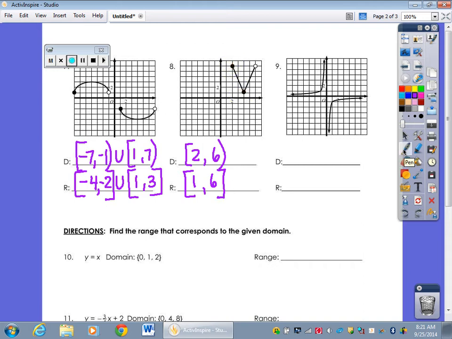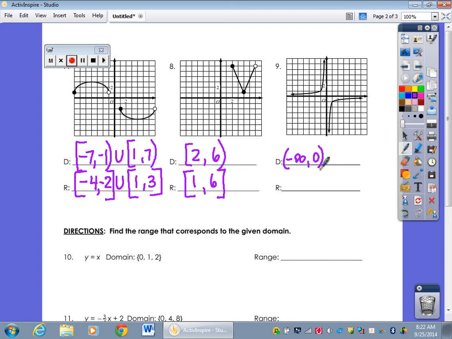Okay, and this next one, because you do have this piece that, these are coming close to the axes, but they're not going to cross them, you're going to have a union here. So this is going to be domain, the end of this graph is -infinity, use a parenthesis, and you're going all the way to 0, but you're not going to hit 0.